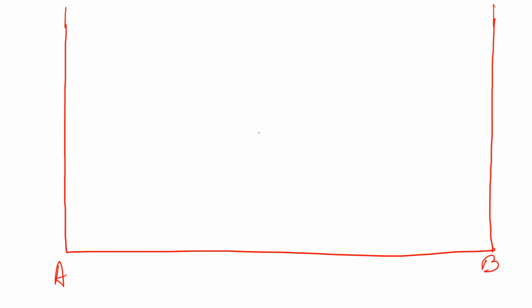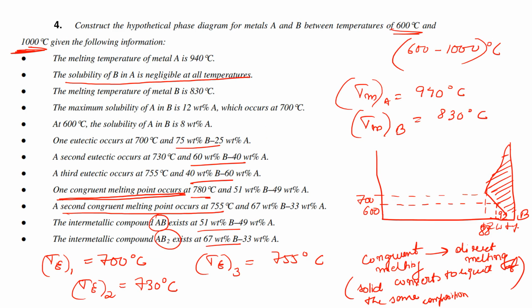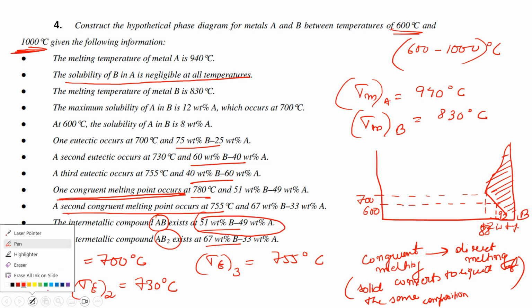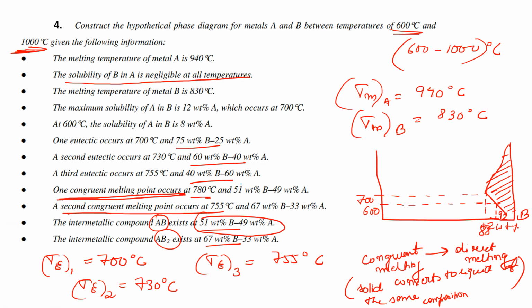We have first been told that there is an intermediate compound AB, at 51 weight percent, and if you see that this composition is equal to this composition, which is congruently melting, that tells us that AB is congruently melting.